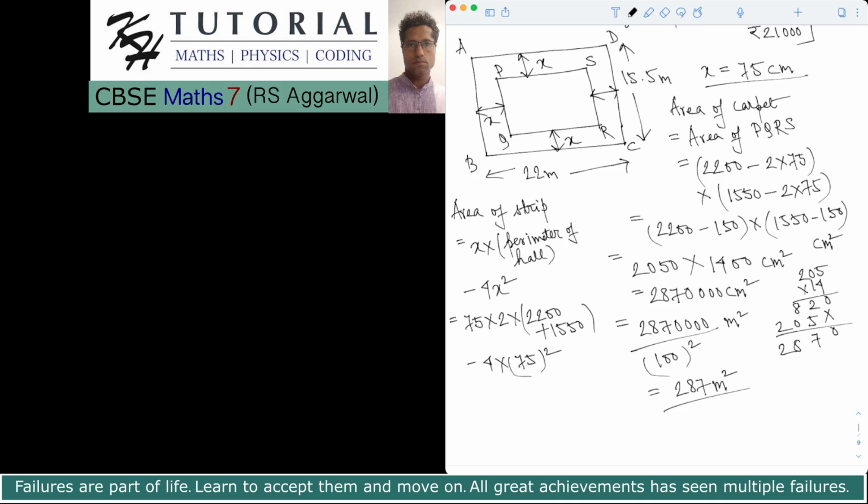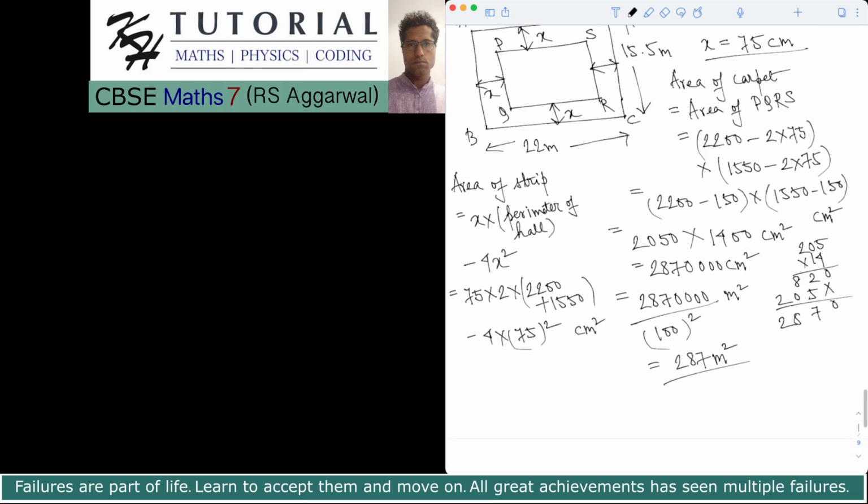This much centimeter square will be the area of the strip. So 75 multiplied by 2 multiplied by 2200 plus 1550, which is 3750, and we have minus 4 multiplied by 75 square, this much centimeter square.